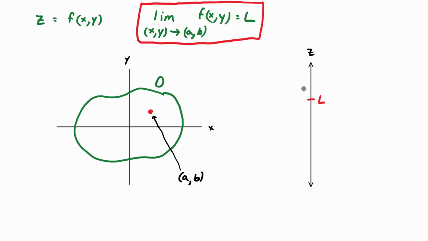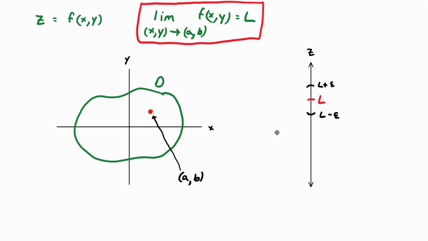Then let's pick an epsilon and make an epsilon interval surrounding L, so that this upper endpoint is L plus epsilon, and this lower bound is L minus epsilon. Look familiar? Okay.